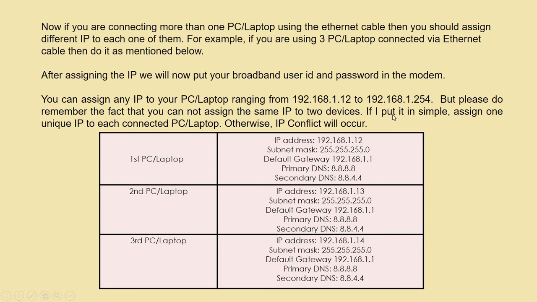Put simply, assign one unique IP to each connected PC or laptop, otherwise the IPs will conflict. For the first laptop you set it like this, for the second laptop this one, for the third PC or laptop this one: 12, 13, 14. But your subnet mask, gateway, DNS and secondary DNS are the same for all the systems.